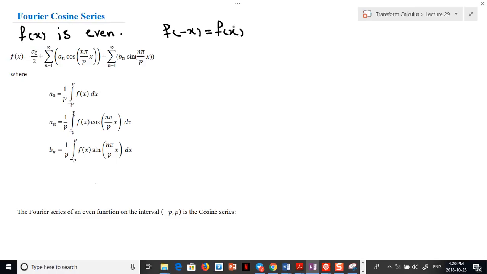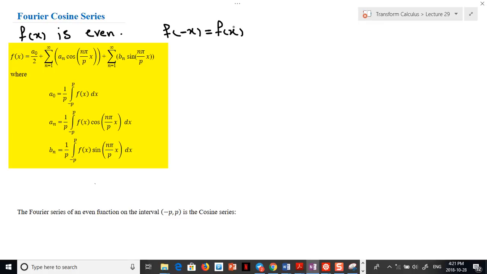If I want to find the Fourier series of this function based on the definition, the Fourier series is equal to a0 divided by 2 plus the summation of an cosine(n pi over p x) plus the summation of bn sine(n pi over p x), if f(x) is defined on the range of minus p to p.